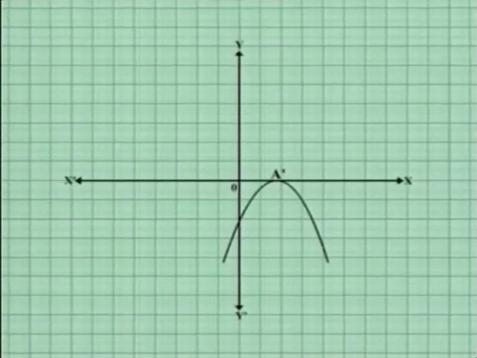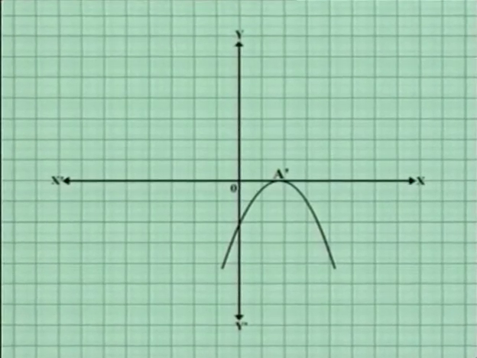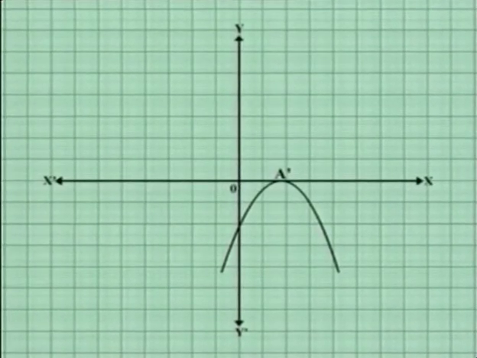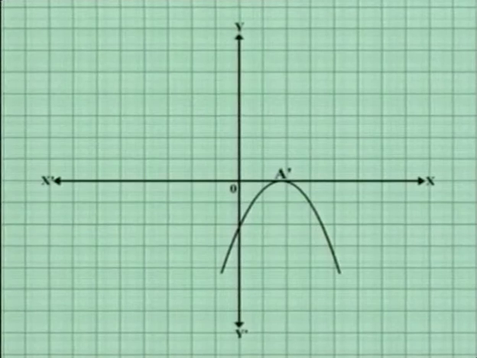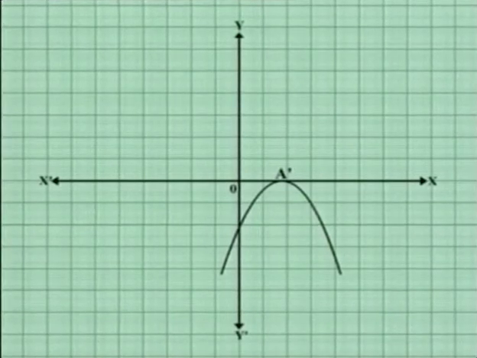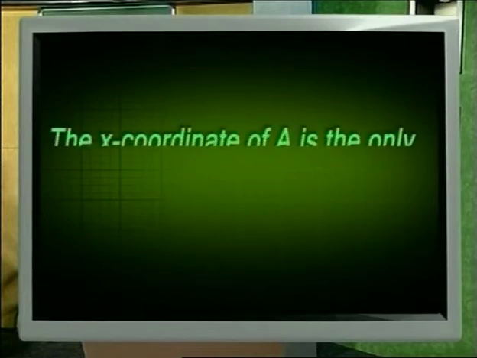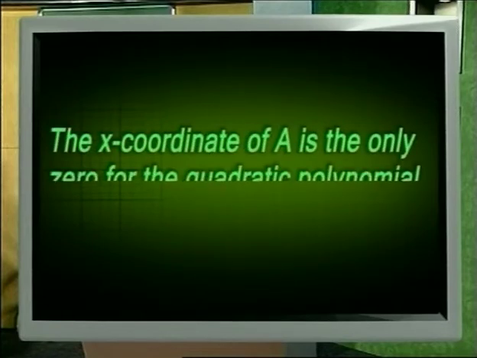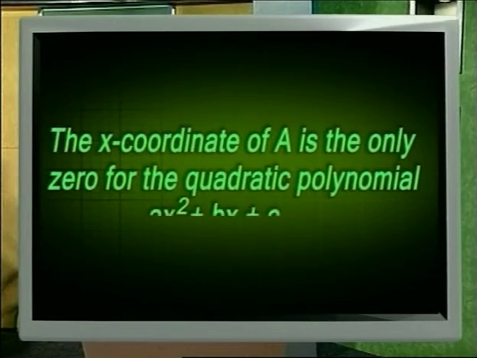Now in this case, we can see that the graph cuts the x-axis at exactly 1 point, that is at 2 coincident points. The x coordinate of A is the only zero for the quadratic polynomial ax square plus bx plus c.